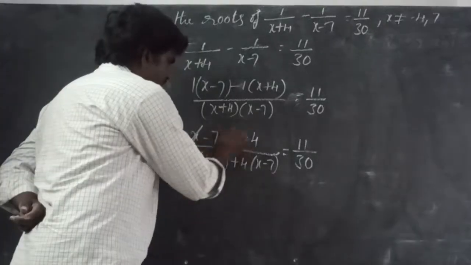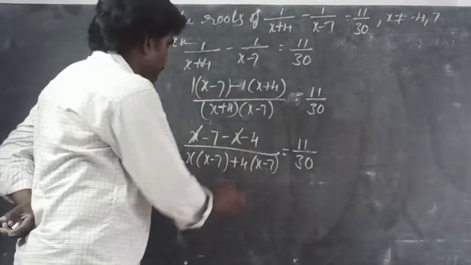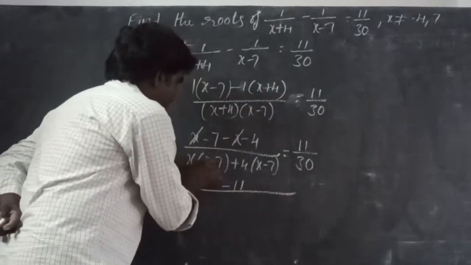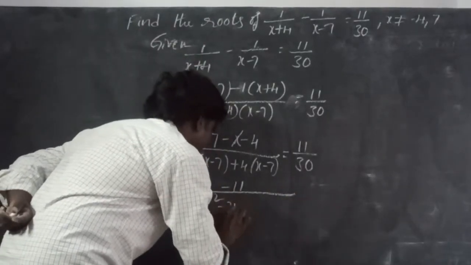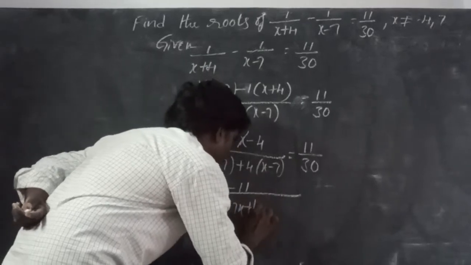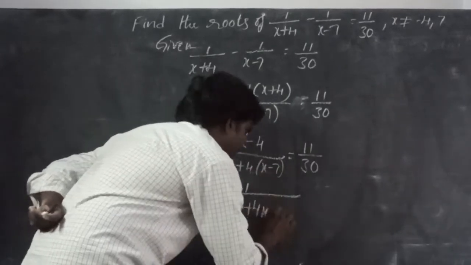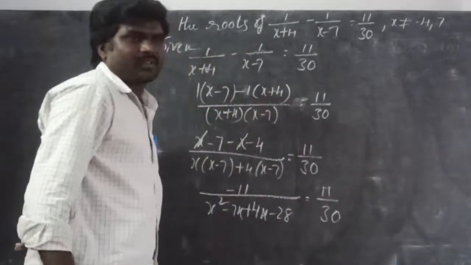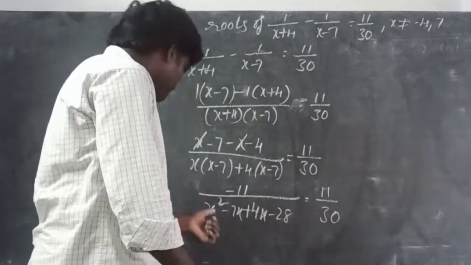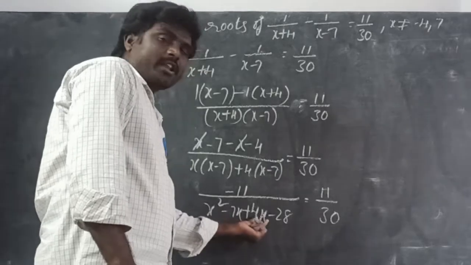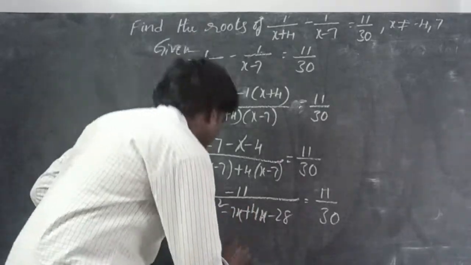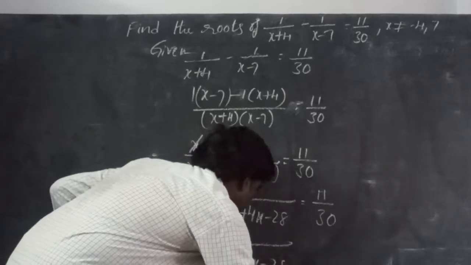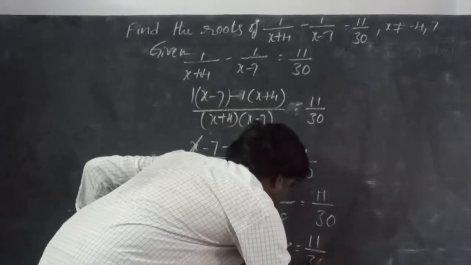Plus x minus x cancel. Minus 7 minus 4 is minus 11, by x square minus 7x plus 4x minus 28, is equal to 11 by 30. Here minus 7x plus 4x is minus 3x. So minus 11 by x square minus 3x minus 28 is equal to 11 by 30.